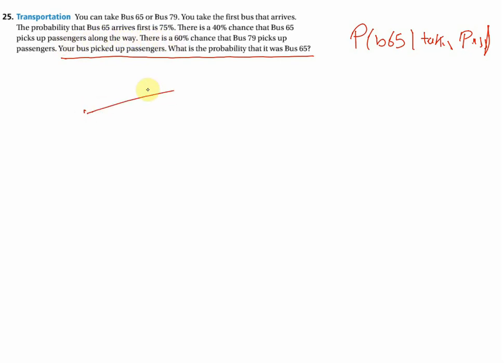So I have 75%, which means 0.75, that bus 65 arrived first. So there is a probability of 0.25, which is 100% minus 75%, for bus 79 to come first.